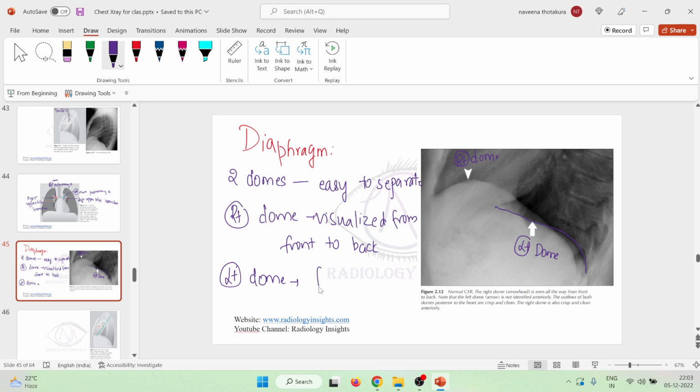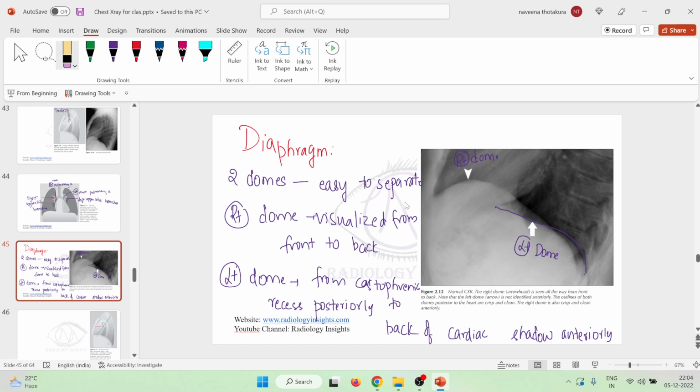It is seen from the costophrenic angle, or you can say costophrenic recess posteriorly, to the back of the cardiac shadow anteriorly. So we have both the right dome and the left dome of diaphragm which can be seen in the lateral X-ray.